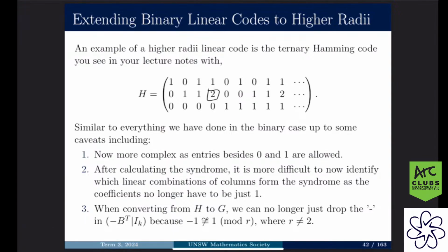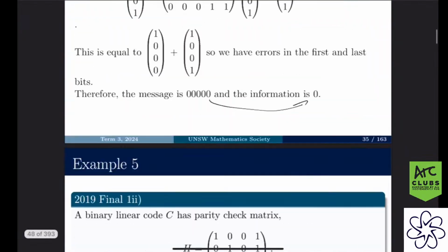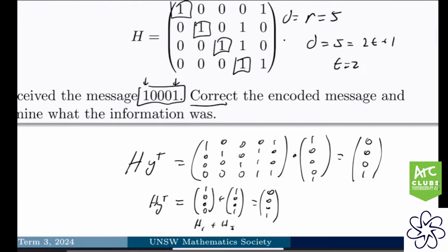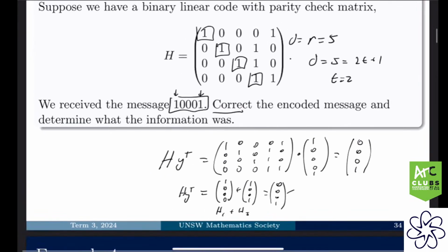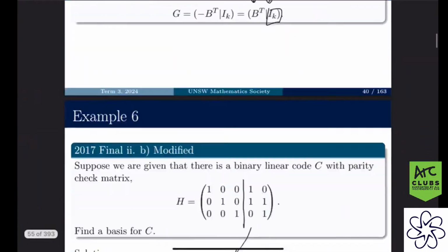But we can see some things break here as well. After calculating the syndrome, it's now difficult to identify which linear combinations form the syndrome. As we did before, we were able to just look by inspection and see that our syndrome was equal to 2 columns here together. But as we have a higher radix, there are more possibilities and it's harder to do so.